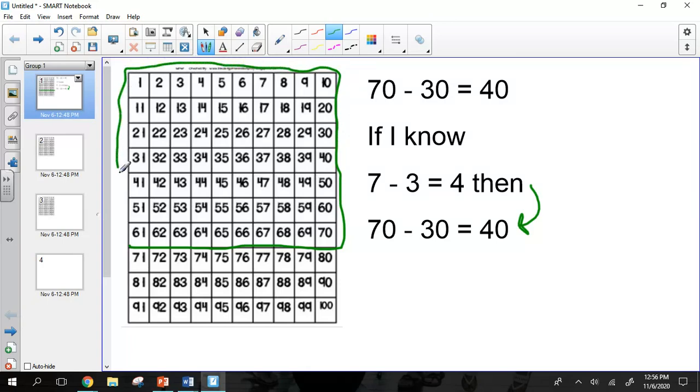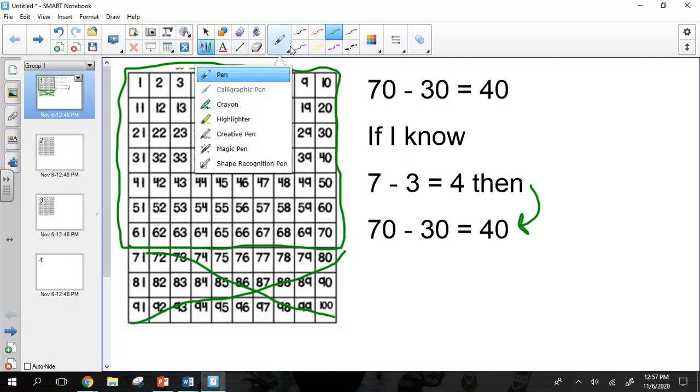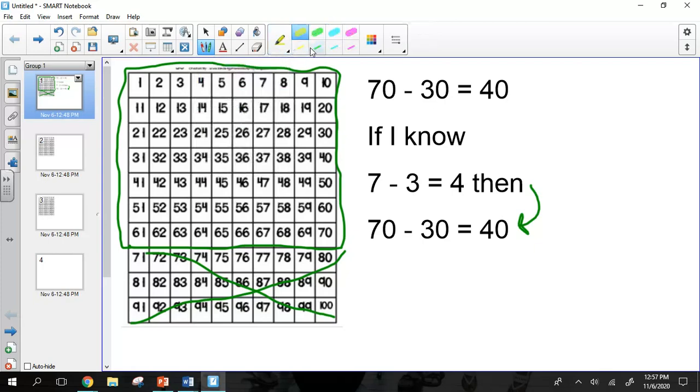So I'm just kind of boxing off 70 because I'm not using any of this down here at all. That is not part of my problem. So I've got my 70 and I'm taking away 30. Well, I could do that two ways. I could mark off 30 from the bottom, but what I like to usually do is mark it off from the top. So I'm going to get actually my highlighter pen to show you what I'm talking about.